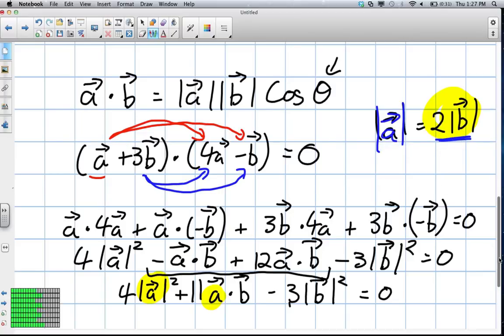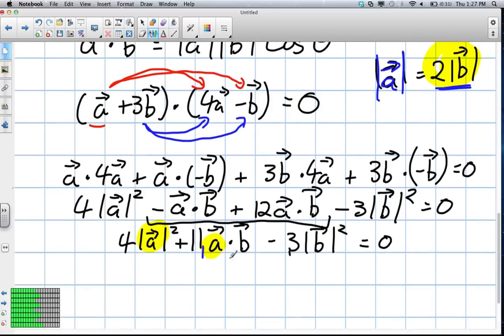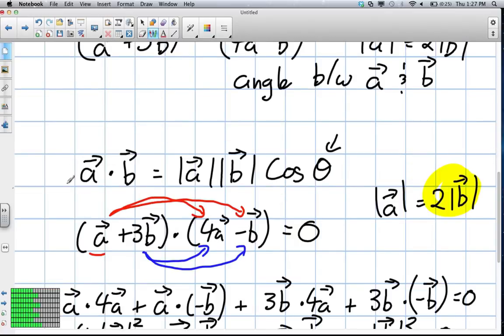So what we actually needed to do is this here is A dot B again. Because we were working with magnitudes at the end, 4A squared and 3B squared, and this is the absolute value of both of these, I want to turn these two vectors into absolute values. The way we can do that is we know from our original equation way back here that A dot B is equal to the absolute value of A times the absolute value of B times cos theta.